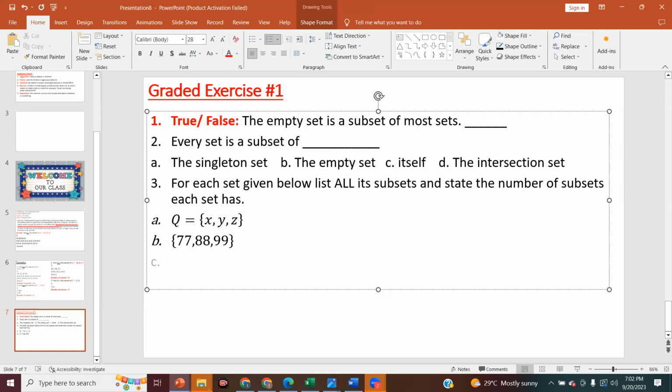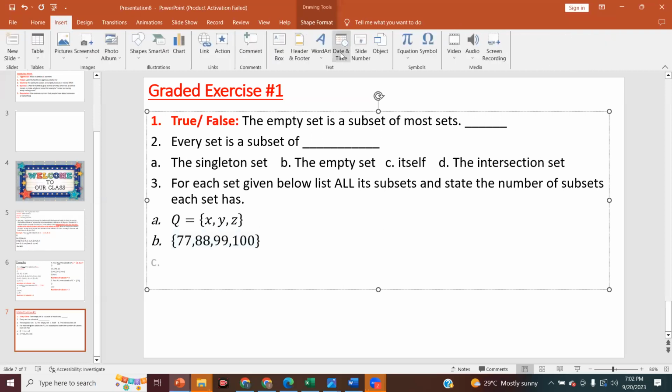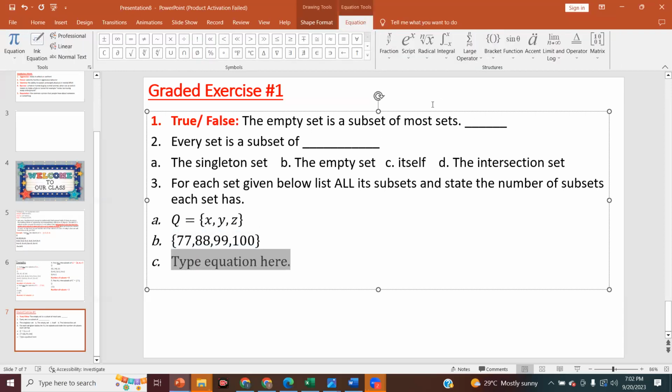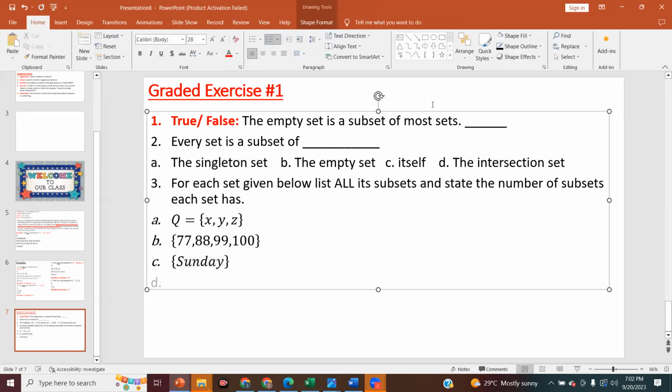Look at set C. My apologies, it's X. Number 2.